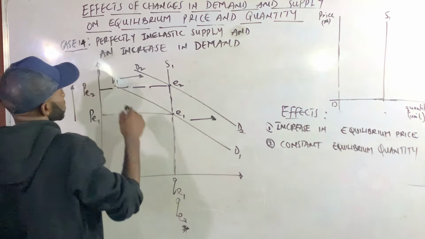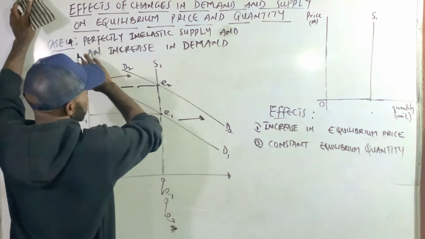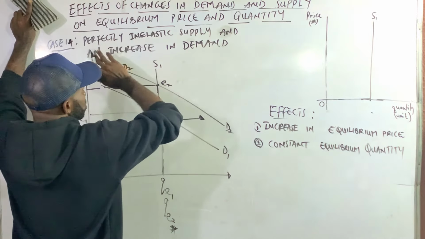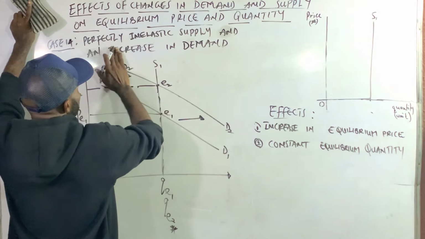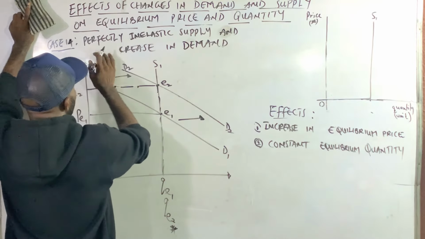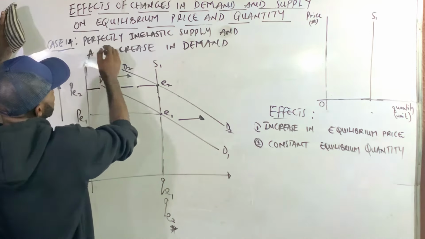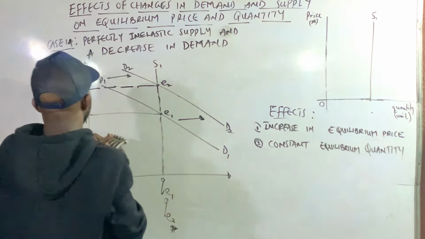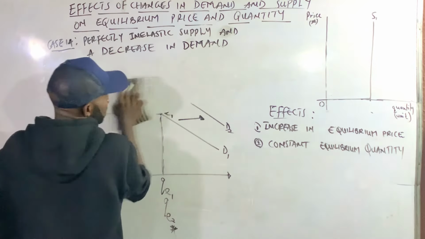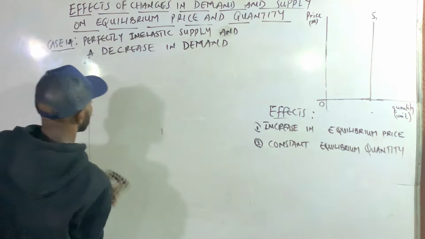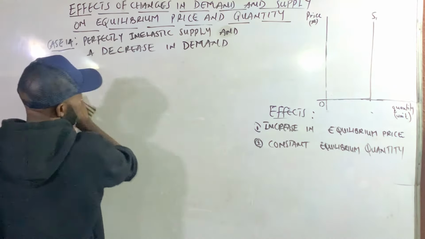For case number 14, we just do the opposite. We still maintain perfectly inelastic supply, but we can take decrease now. So it is perfectly inelastic supply with a decrease in demand. A decrease in demand requires that we take the diagram all over again.